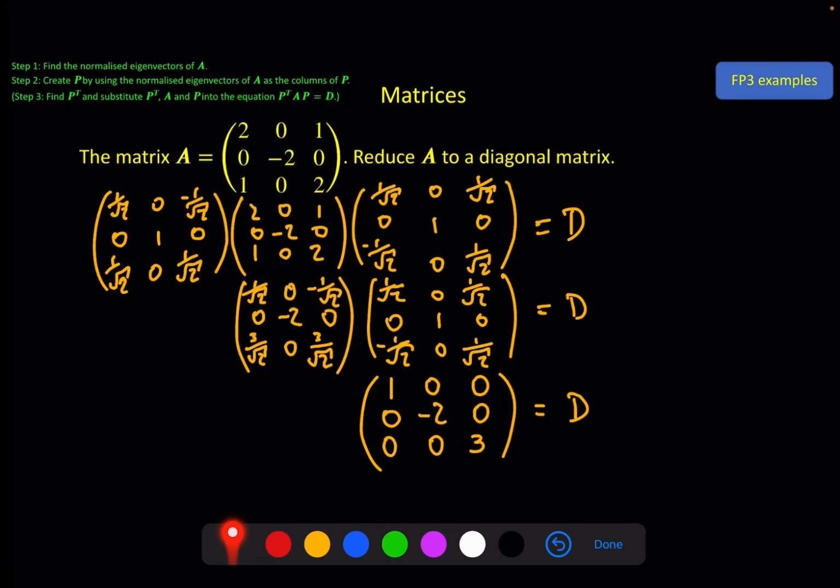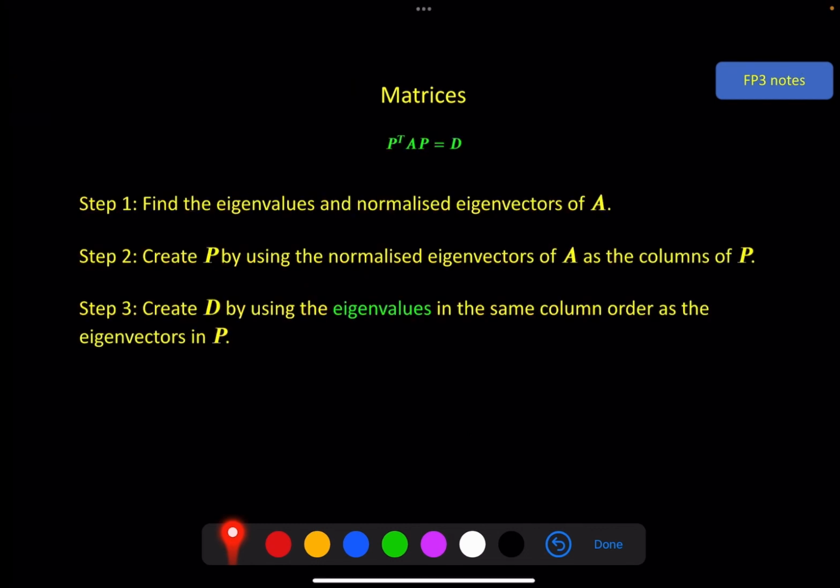So you can skip out this final step and replace it with this slightly easier and certainly quicker way: create D by using the eigenvalues in the same column order as the eigenvectors in P. And you'll notice that that does give you some flexibility.